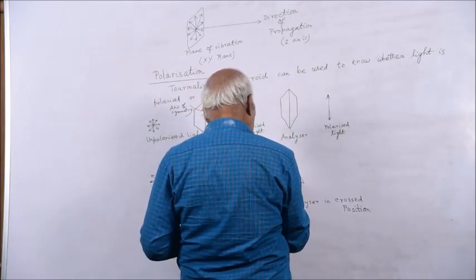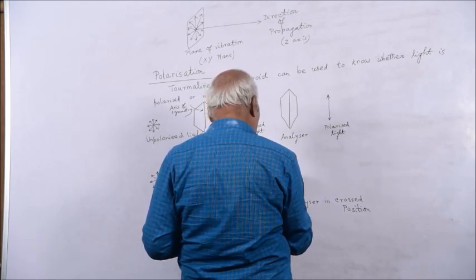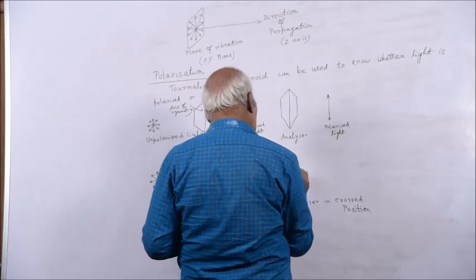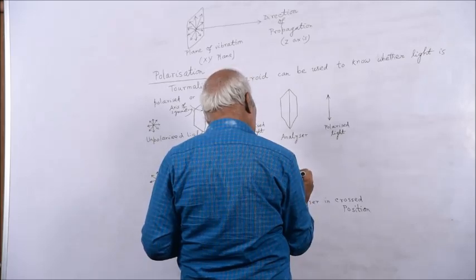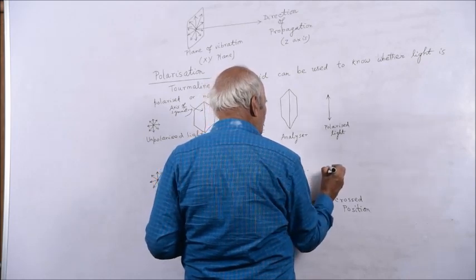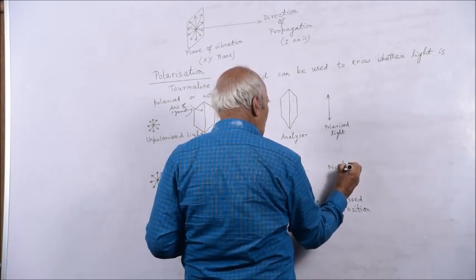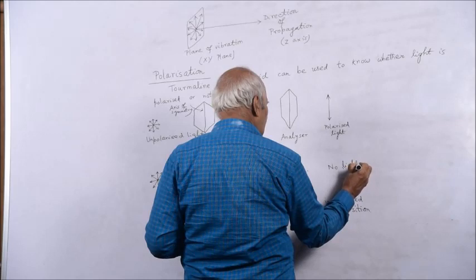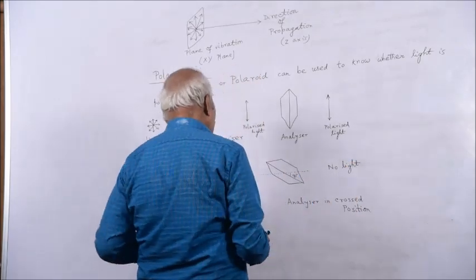Suppose this is the that makes 90 degree. Then here we find no light, that is called crossed position.